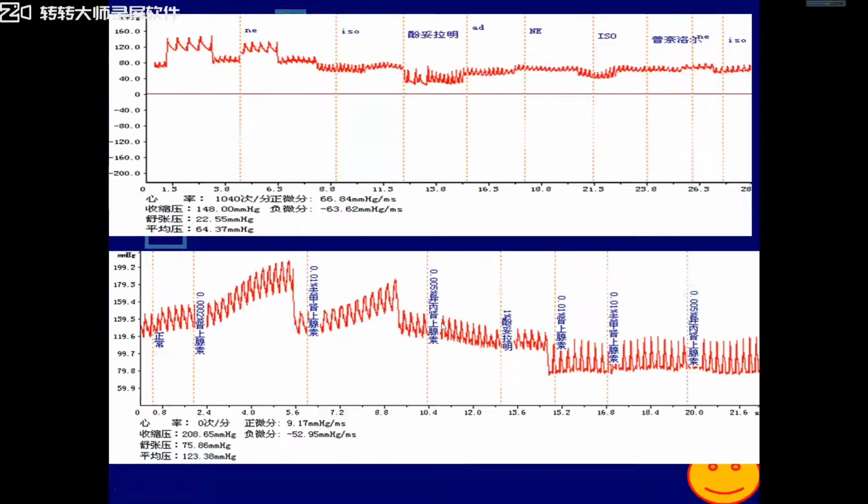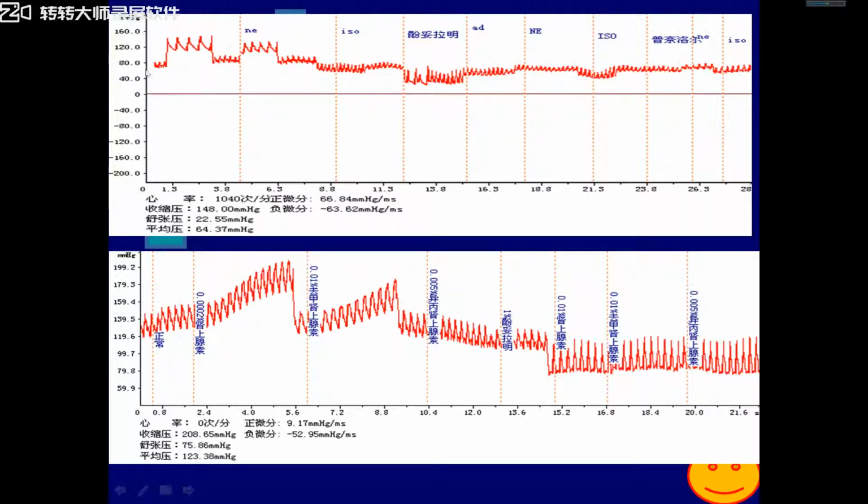Okay, so just now we did the experiment and we observed the drugs' effects on blood pressure. This is the first group's blood pressure curve, and this is the second group's blood pressure curve. So let's describe and record the blood pressure curve again.